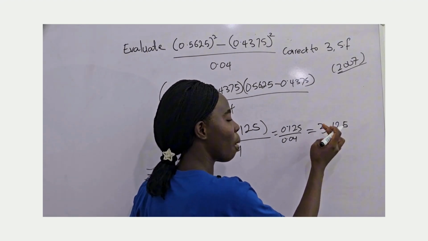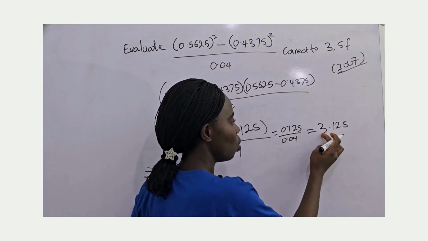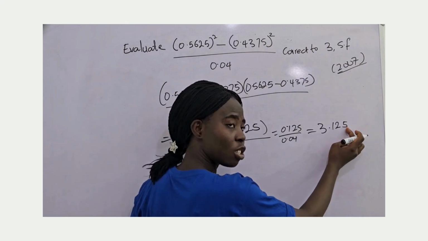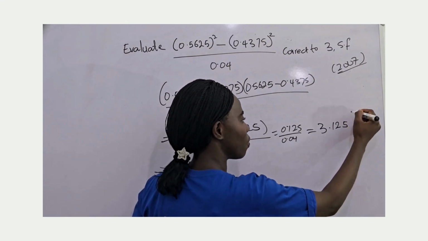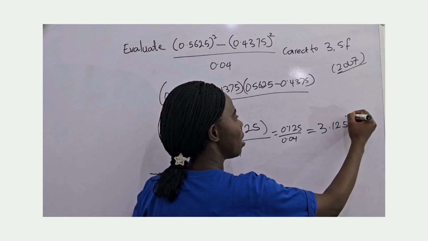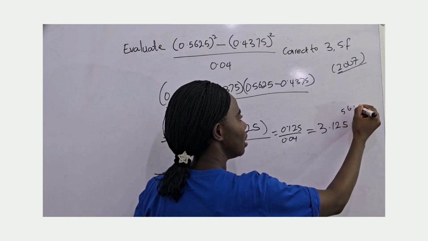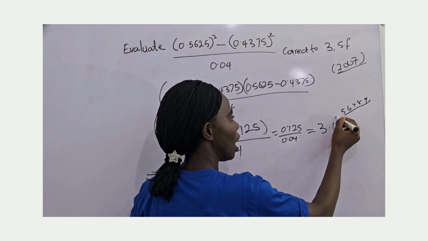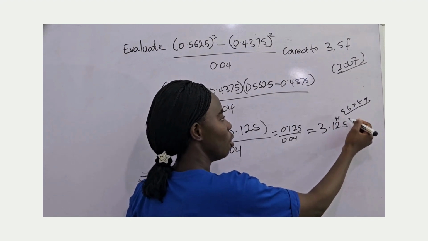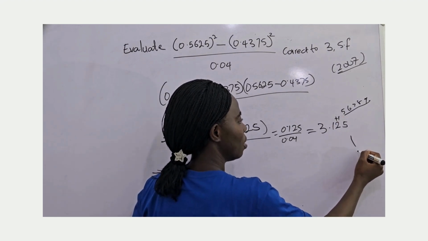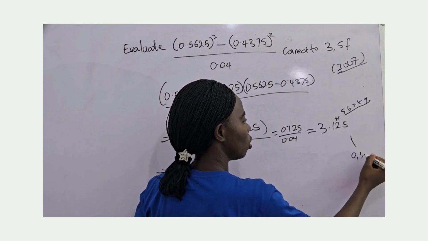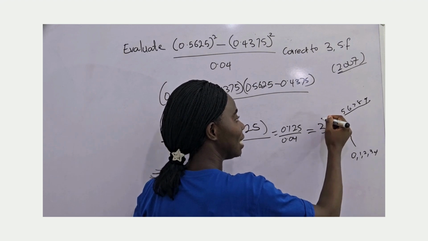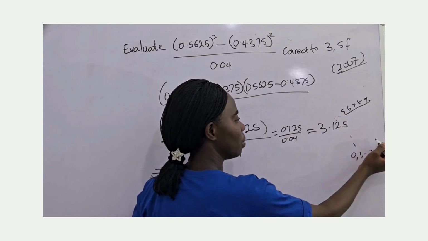After you have counted the number of significant figures you needed, the next number, you check if it's up to 5. If it's 5, 6, 7, 8, or 9, then you add 1 to the number before it. But if it's not up to 5, let's say it is 0, 1, 2, 3 or 4, then you get rid of it without adding anything to the previous one.